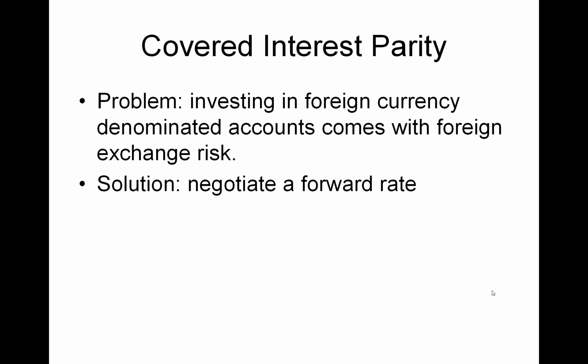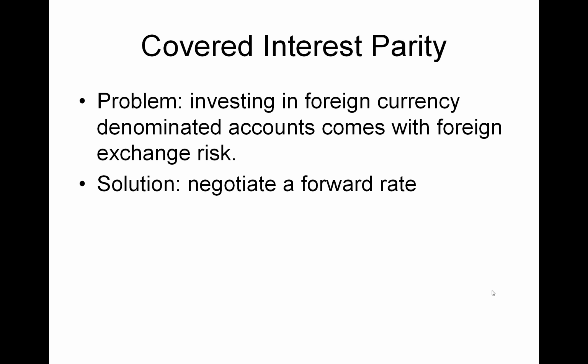The last concept that I want to cover in Chapter 14 is covered interest parity. So investors have a problem. They have the choice of investing either in domestic accounts or they can invest abroad. But when they're investing in foreign currency deposits, they also have to deal with the foreign exchange risk.